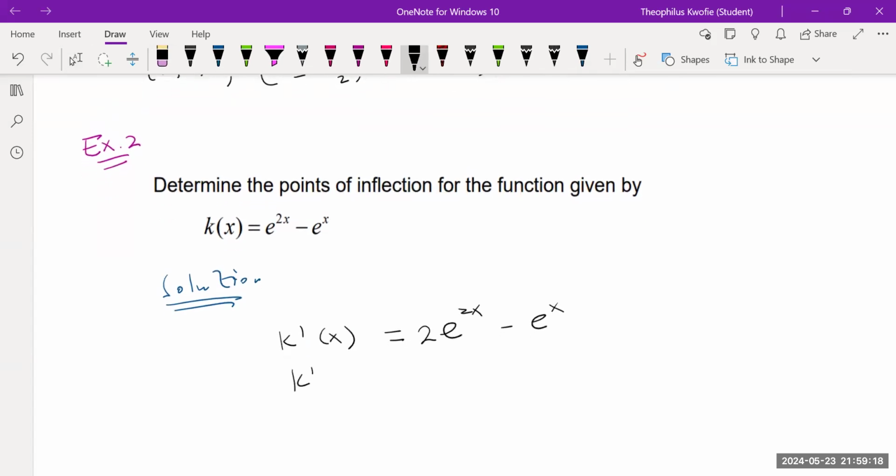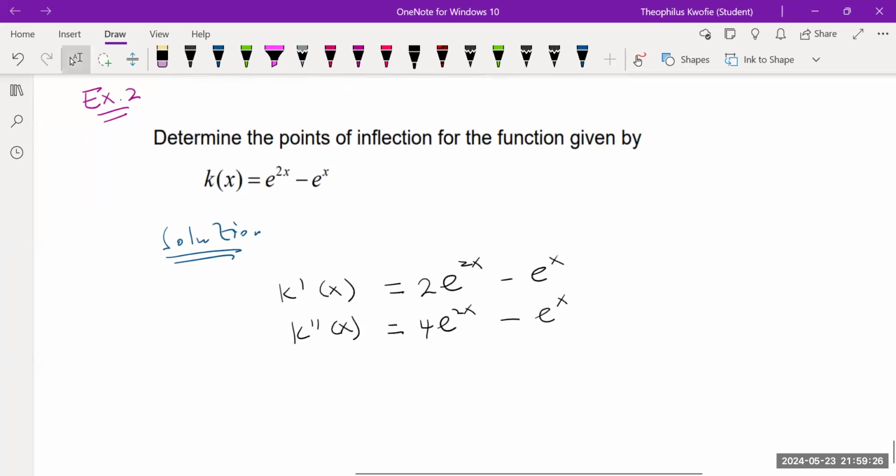Then we find its second derivative, and that should give us what? 4 multiplying e to the power 2x minus e to the power x. Then what do we need? The next thing to do is to set this to 0, right?